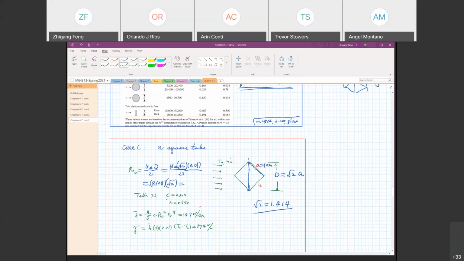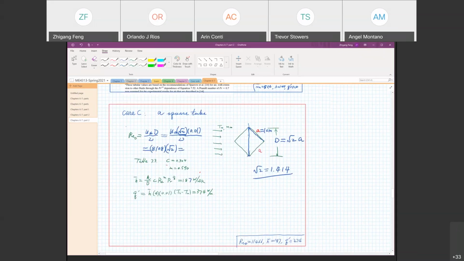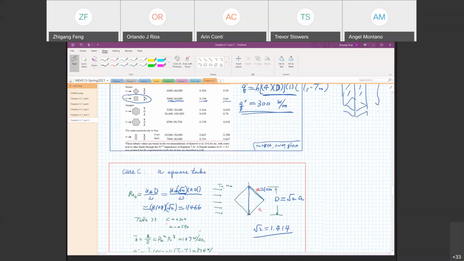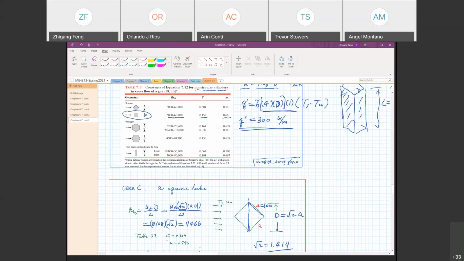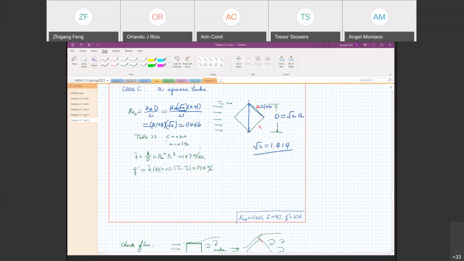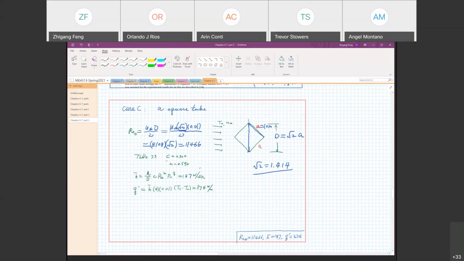It turned out to be a little higher than 8,000, equal to 11,466. Then we go to table 7.3, but this time we're looking at this configuration. So we pick these two for the Hilpert equation. I found C and m, and then use the Hilpert equation. I found the h, and from h I can find the heat transfer rate.